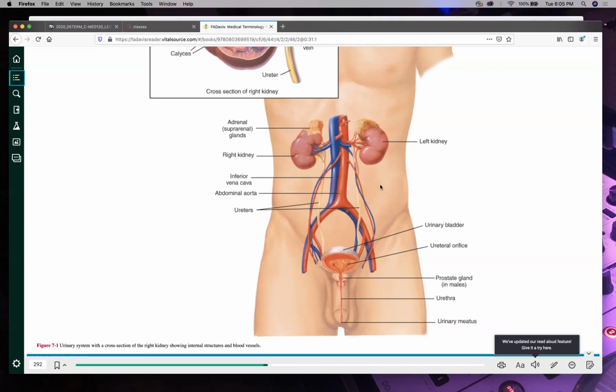Now, if it was female, a female patient can still see a urologist if there's a ureter problem, a bladder problem, or a urethra problem. So they can go see either a urologist or a gynecologist. That's a beautiful both A and B question.